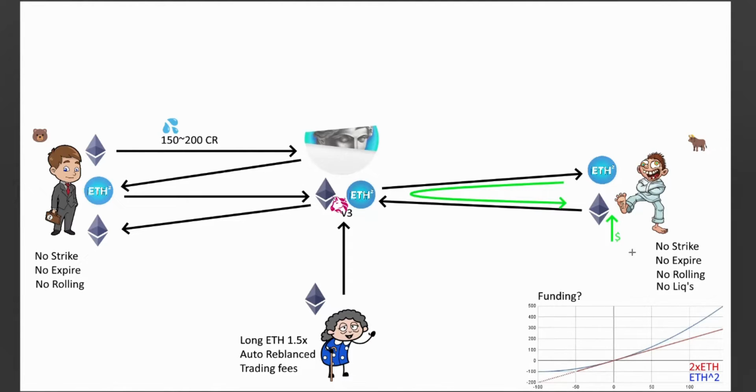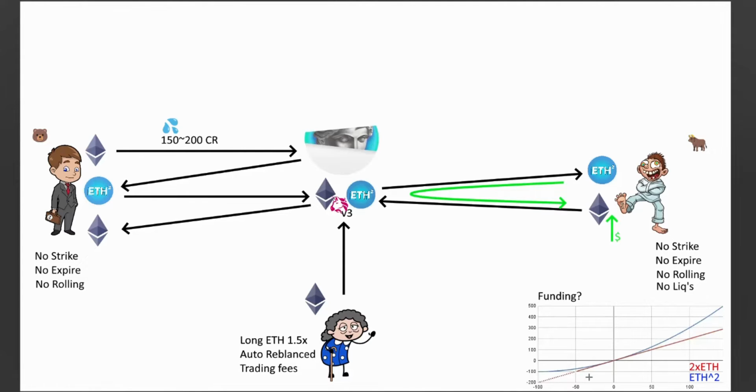Now, because he's long ETH squared, which is the price of ETH times the price of ETH, right? Because he's long that, he has some benefits, as well as he has to consider funding, because this guy is basically short him, right? So he's short this. So let's talk about the benefits first.